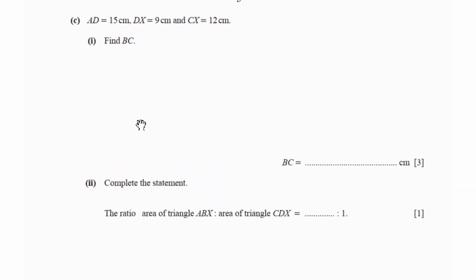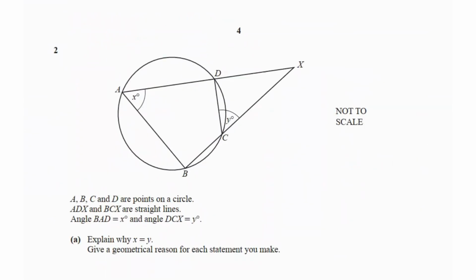Then part C says AD is 15 centimeters, DX is 9 centimeters, and CX is 12. Find BC. As given in the question, AD is 15, DX is 9, and CX is 12. So we can say that CX over AX is the same as DX over BC plus CX.